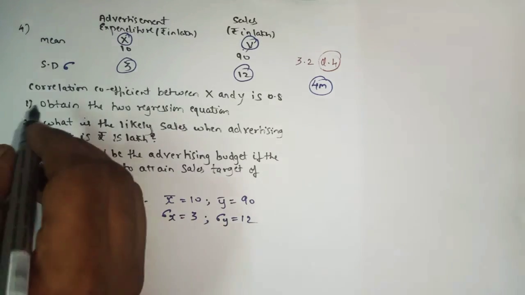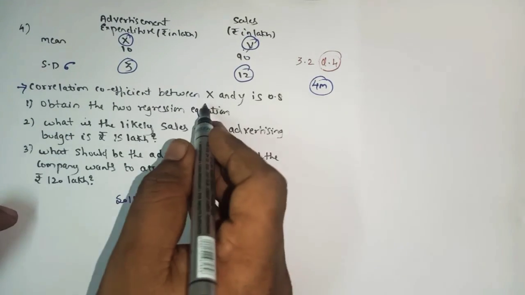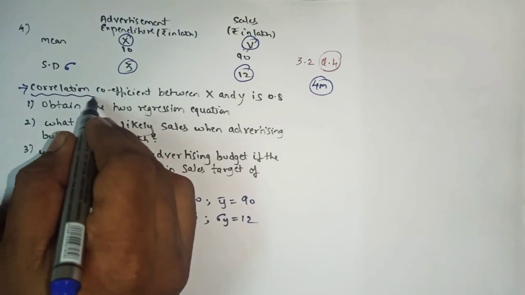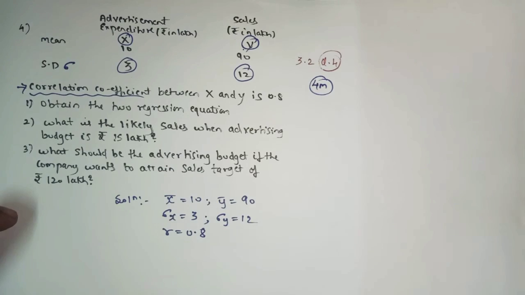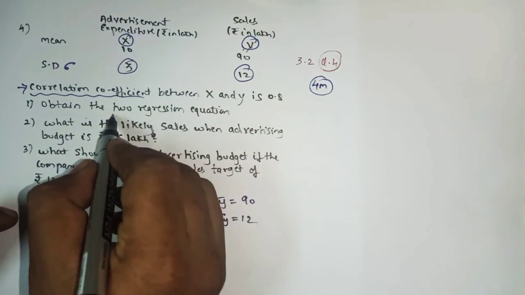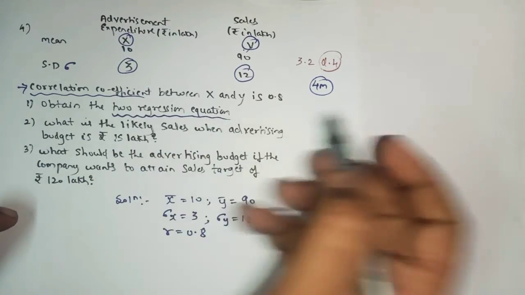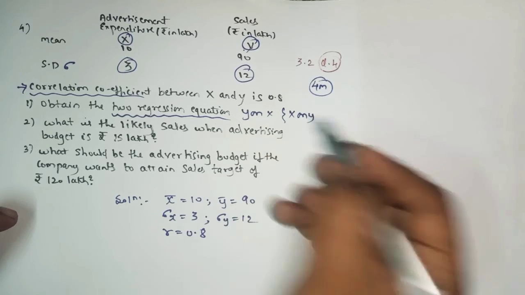Yes or no? Here we have one more value given, the correlation coefficient between x and y, small r, that is 0.8. You have to obtain the two regression equations. So two regression equations means what? Y on x, x on y.